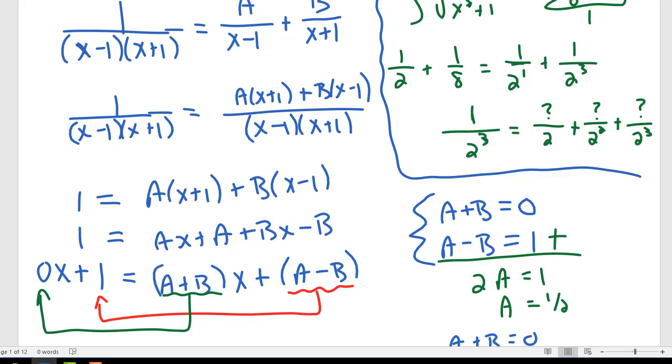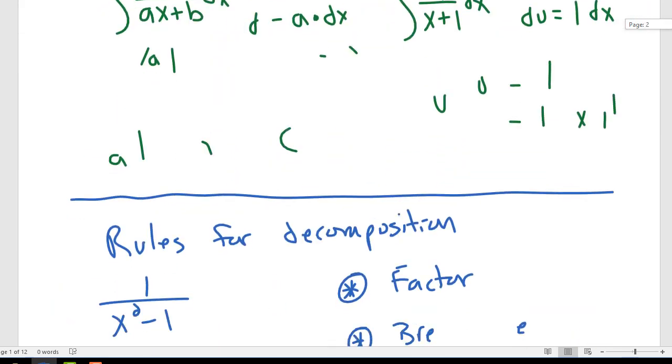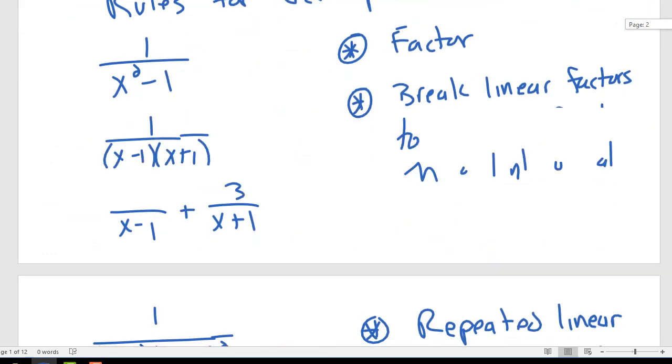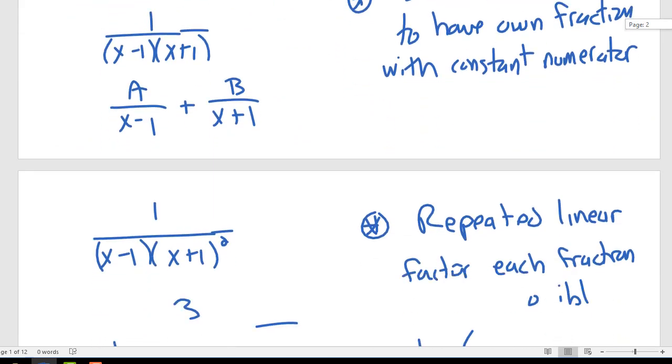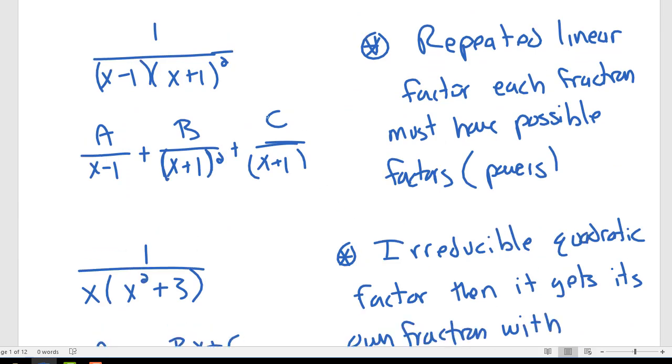So in all of these other examples, if I follow this lengthy process, I'm going to get the same type of workflow. In other words, if we look at this guy right here, I have 3 unknowns in my numerator. So when I set up that system, I'm going to have 3 unknowns, and I'm going to need 3 equations. So I'm solving a 3 by 3 system of equations.